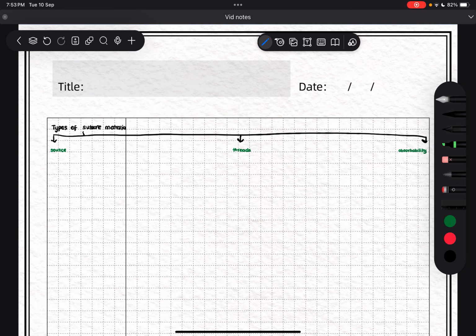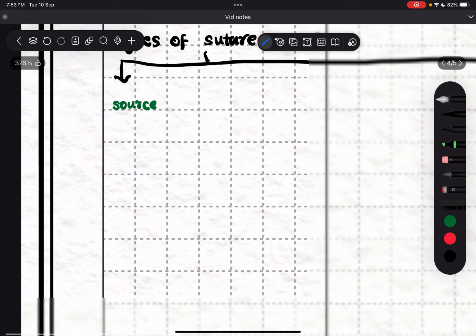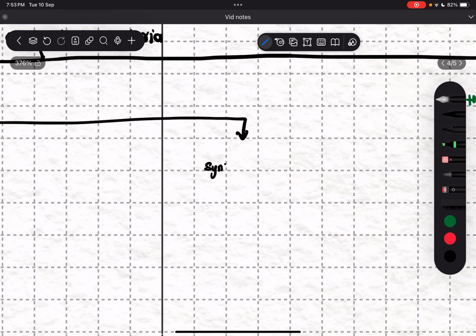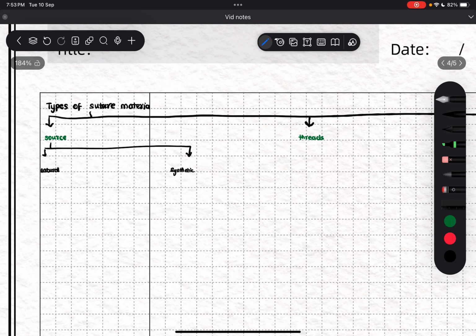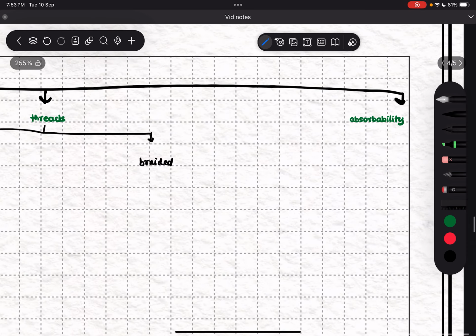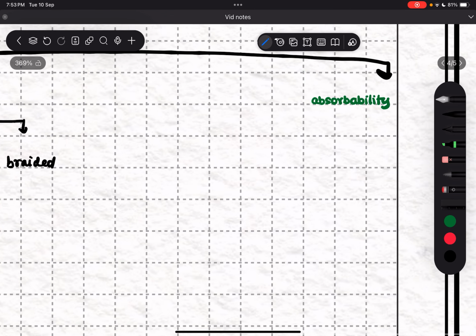Based on the source, it can be natural or synthetic. Based on the threads, it is monofilament or braided. And absorbability, it is absorbable or non-absorbable.